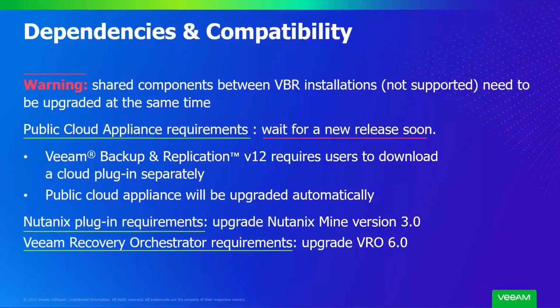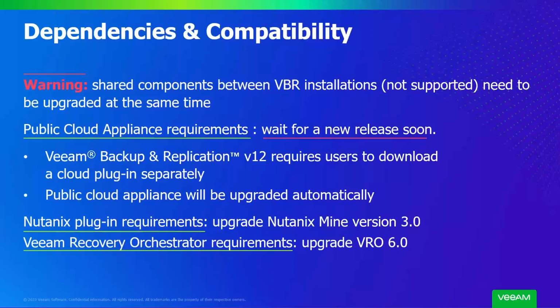For public cloud appliances, again, if you manage Veeam Backup for Azure, AWS, or Google from the VBR, please wait for the new release if you want to continue managing them from V12. They're still around the corner. They are not there yet. If you upgrade to VBR V12, your existing platform services for those appliances will stop working.